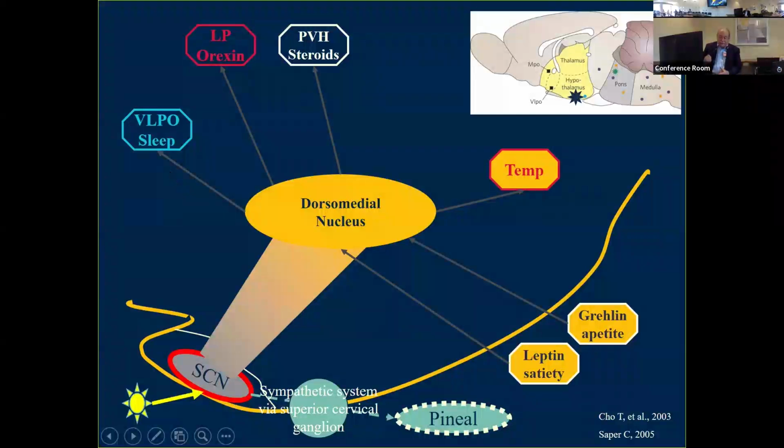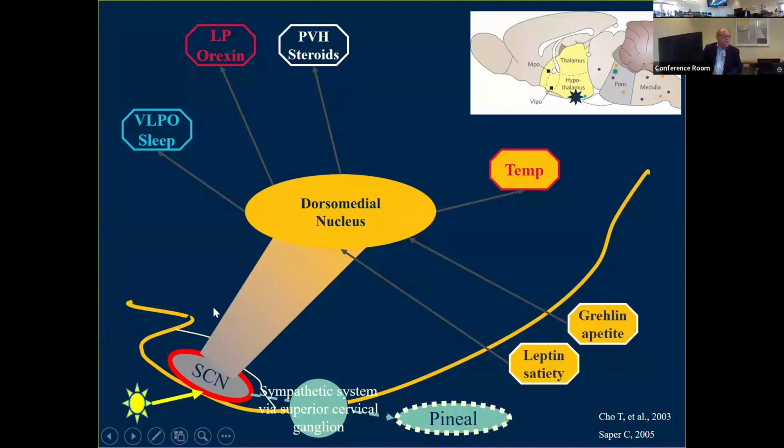So what happens with the suprachiasmatic nucleus? What does it do? Well, we talked a little bit already about the pineal gland and the sympathetic system via the superior cervical ganglion, but it has these other distributed features, generally through something called the dorsal medial nucleus. The only time they'll ever ask you this is in performance.